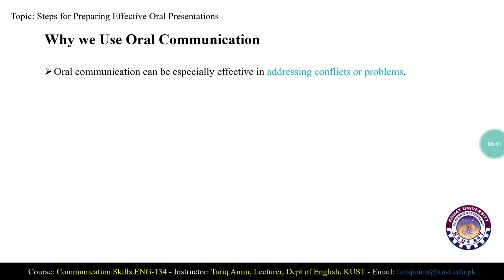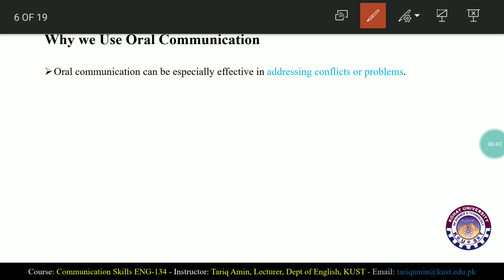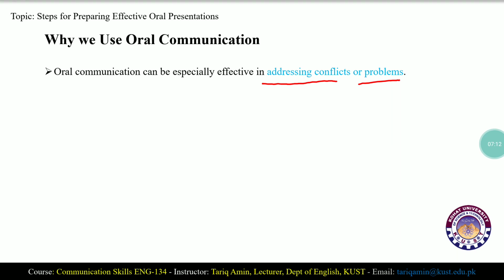Now, there are some other points also. Oral communication can be especially effective in addressing conflicts or problems. When you have to address some conflict or some problem, it is best for you to opt for oral communication rather than written communication, because oral communication is especially effective in these two things, when you address conflicts or when you address different problems.